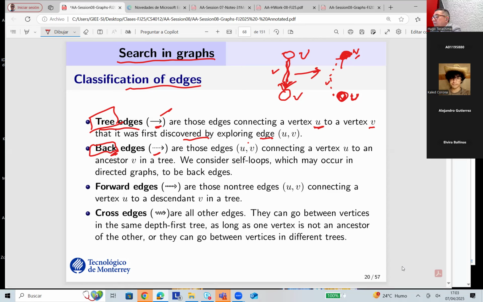We consider self-loops, which occur in directed graphs, to be back edges too. For example, I have this one, and this is going to be a back edge to the same node.